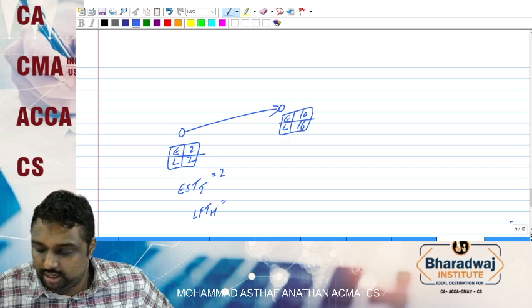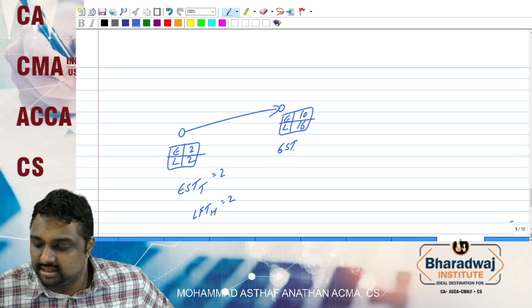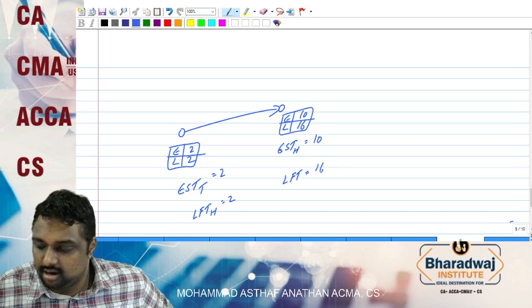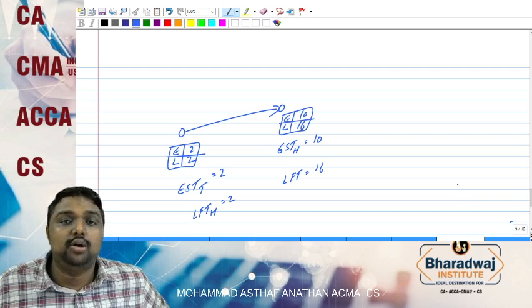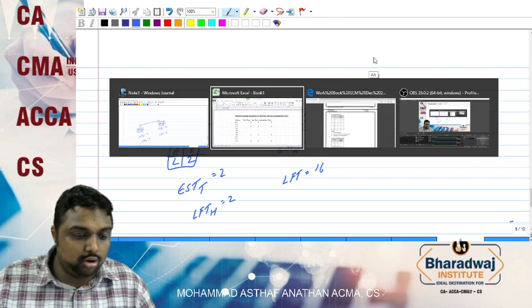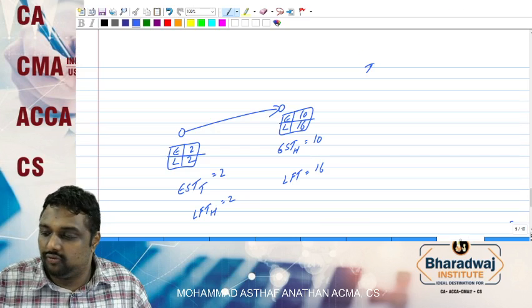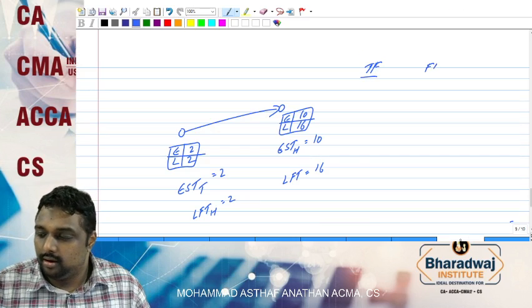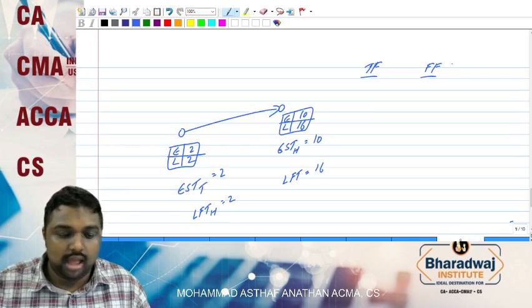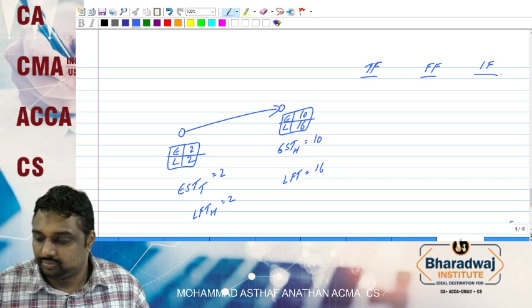It is 2, it is also 2. Earliest start time of head is 10. Latest finish time is 16. They want us to find out 3 things. What are the 3 things? Total float, free float, and independent float.